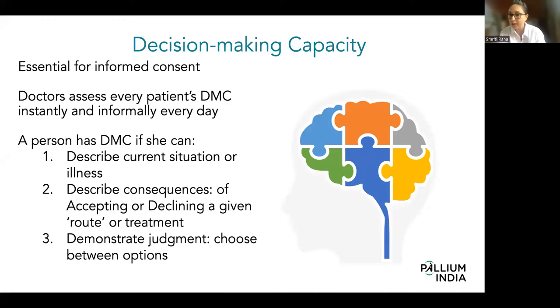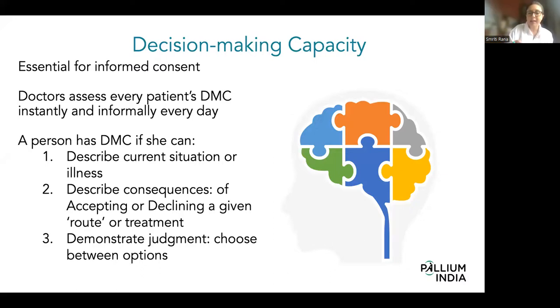So if I tell you that this is what chemo is going to do, these are some of the side effects, these are some of the outcomes. This is what surgery is going to feel like, and this is what your recovery period is going to be like. We hope that at the end of that, you will be able to do X, Y, Z. Okay, I'll have that surgery.